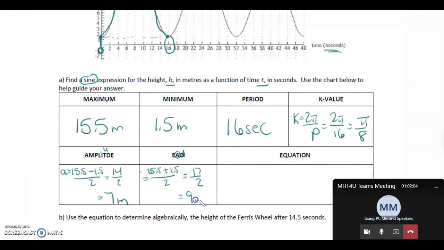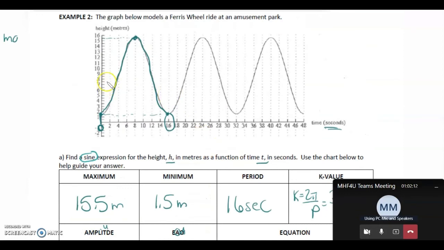So I get 8.5. Okay, so 8.5 would be here. I mean, that would have been very difficult to identify, but that's okay. We found it algebraically. And then the humps up to the max or down to the min would be 7 meters.